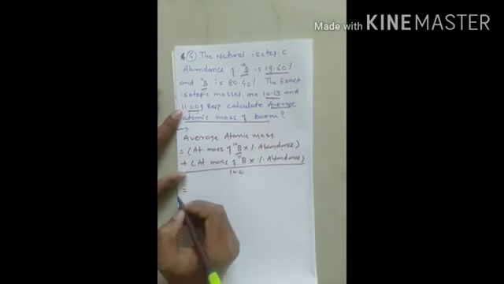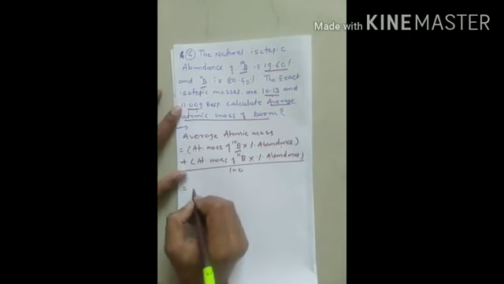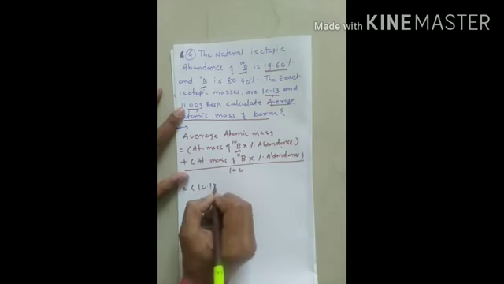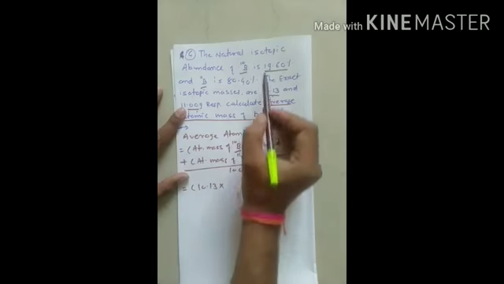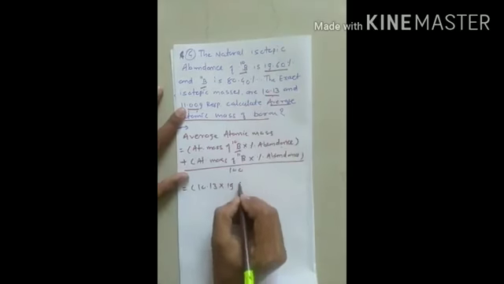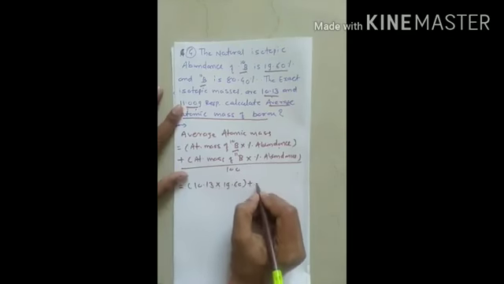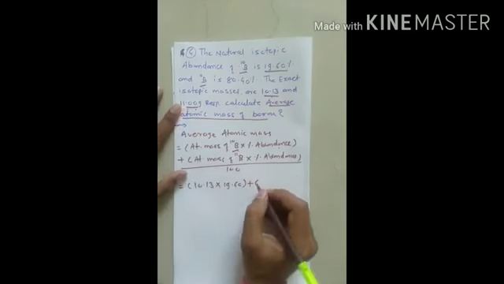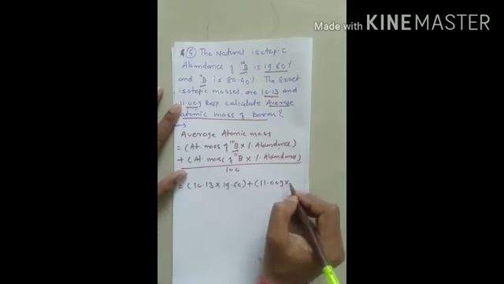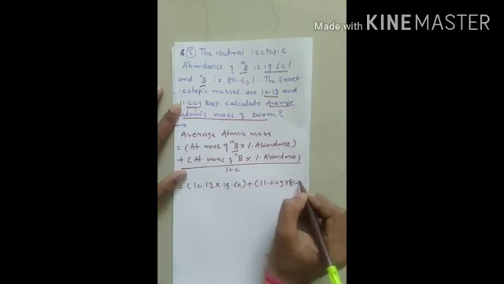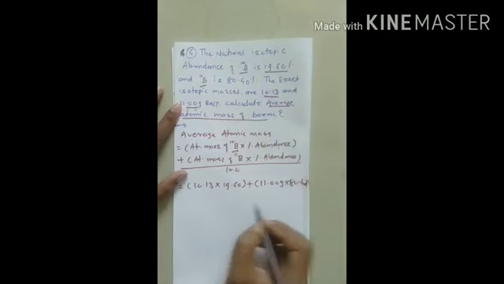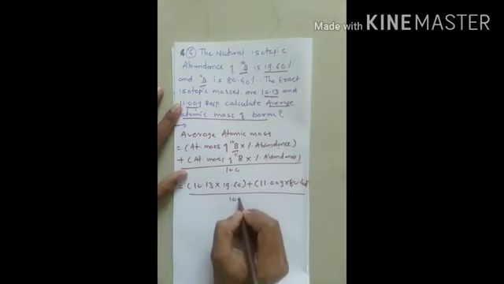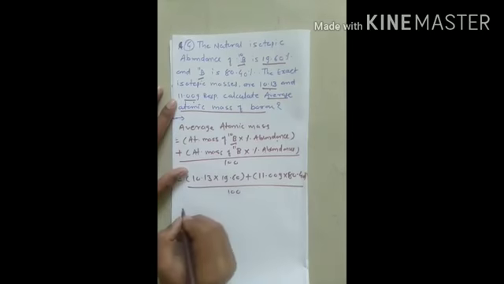So I am just putting the values. Atomic mass of B10, that is the boron 10 isotope, is 10.13, and the percentage abundance is already given, 19.60. Plus for the second isotope, B11, the atomic mass is given as 11.009 and its percentage is already given as 80.40, and the whole divided by 100.